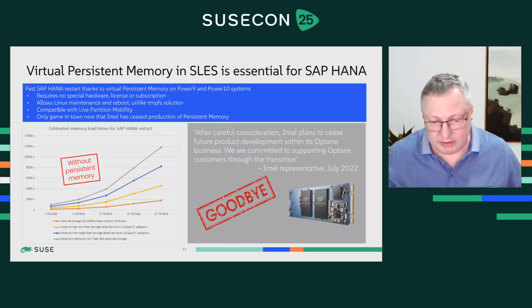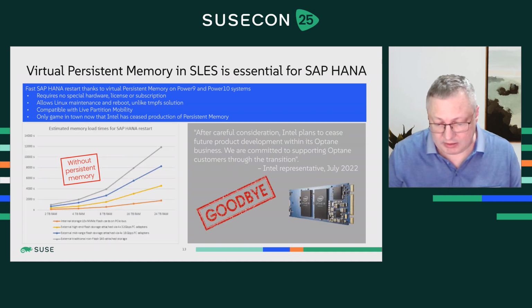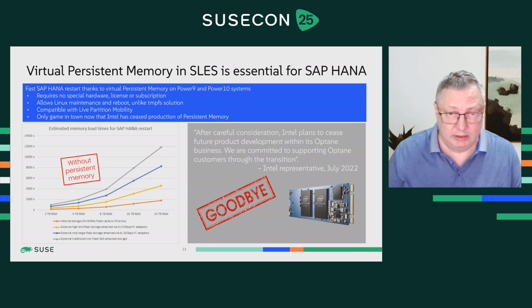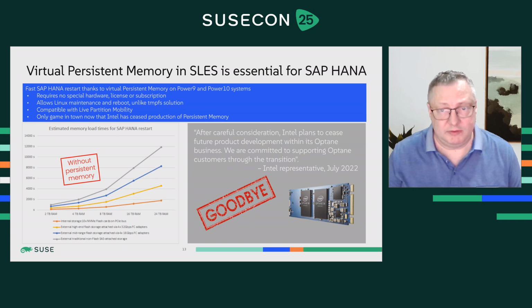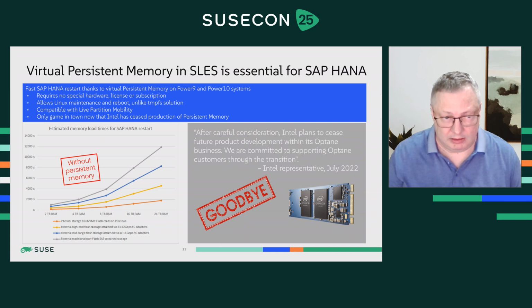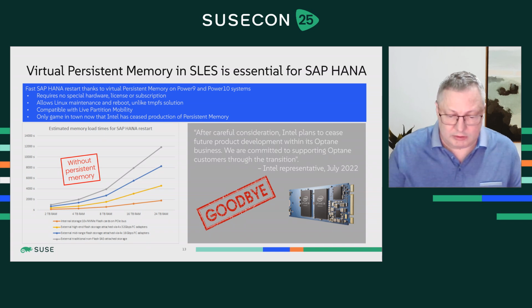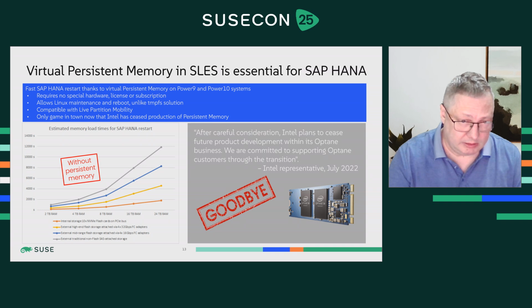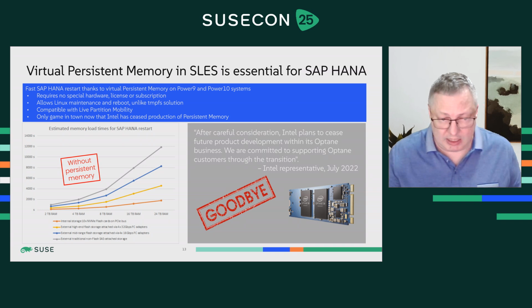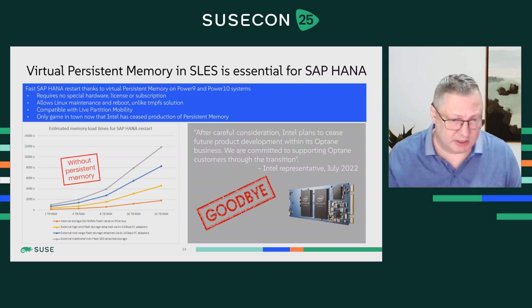Now, another one that is only available on Power and extremely interesting for SAP deployments is virtual persistent memory. So when you create a virtual machine, you have to go to the IBM Power console and say how much compute, how much memory is going to be allocated, and whether or not it belongs to a shared processor pool.